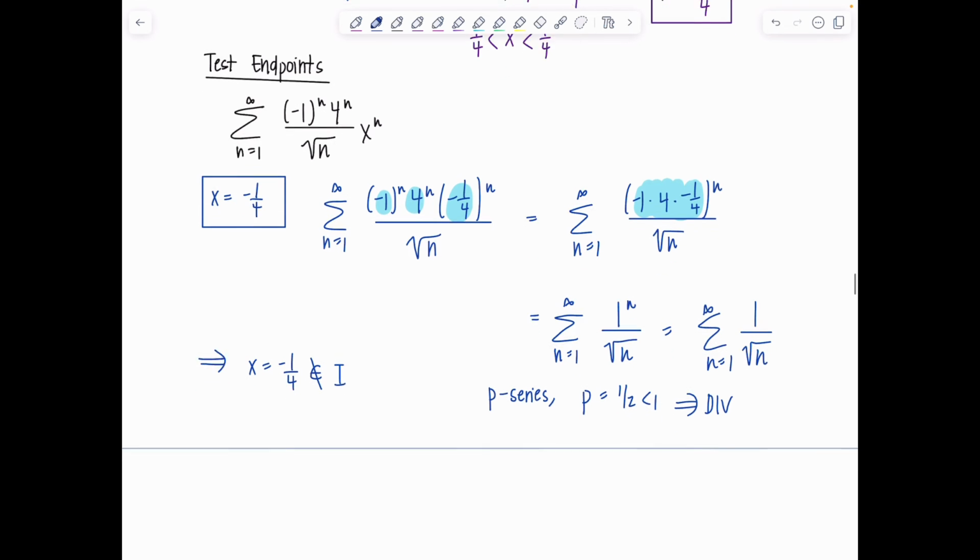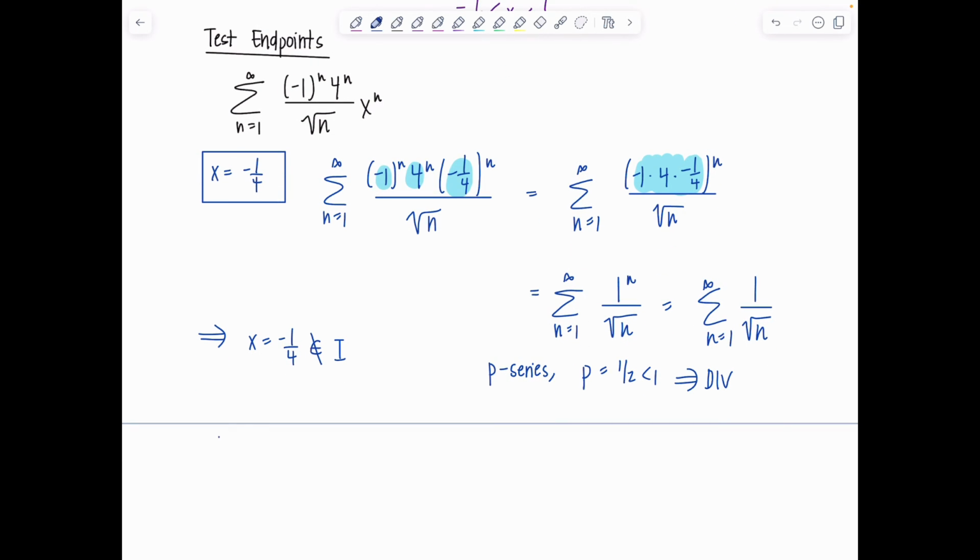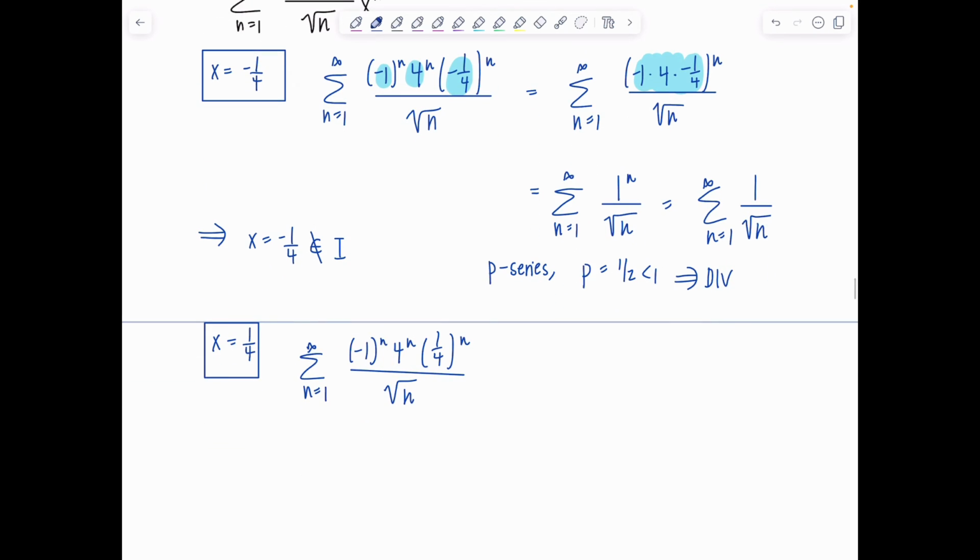Shall we check? I mean, we have to. So x equals 1/4, let's check. So we're going to have the sum, n equals 1 to infinity, negative 1 to the n, 4 to the n, 1/4 to the n, over rad n. Again, I can group everybody that's being raised to the n in the numerator.